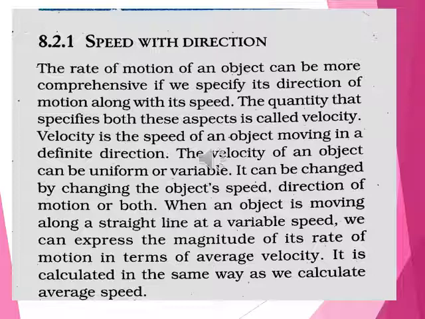So what is speed? Speed is nothing but the total distance traveled divided by the total time taken. But when we talk about velocity, it includes the speed and also the direction of the motion along with the speed.